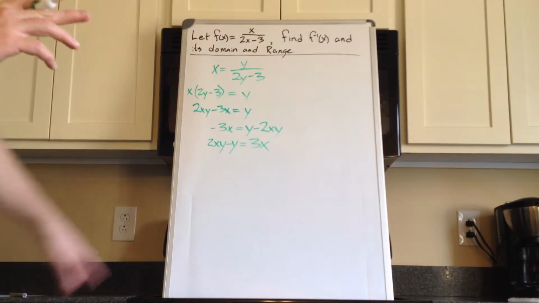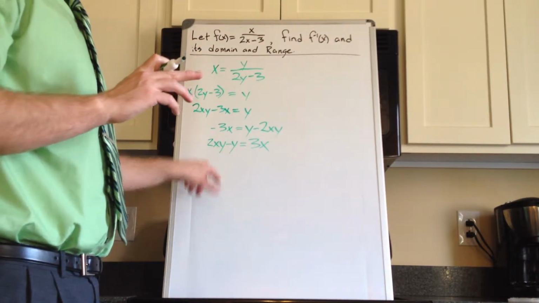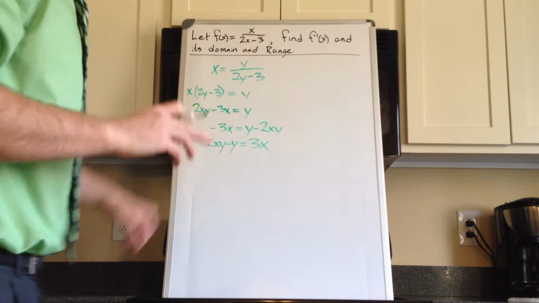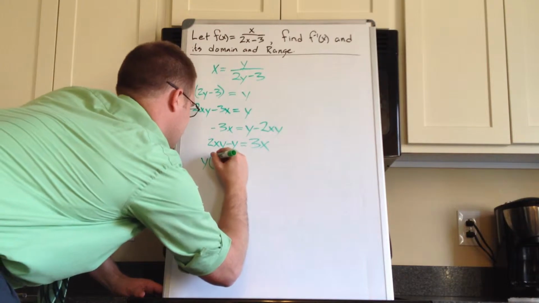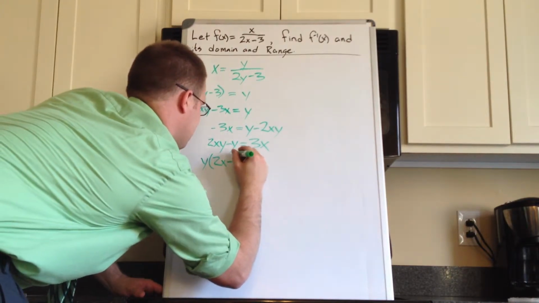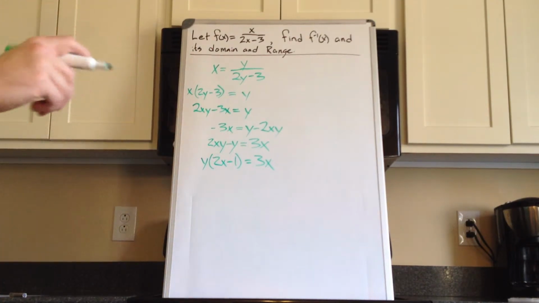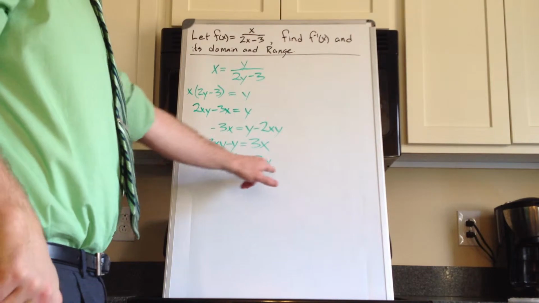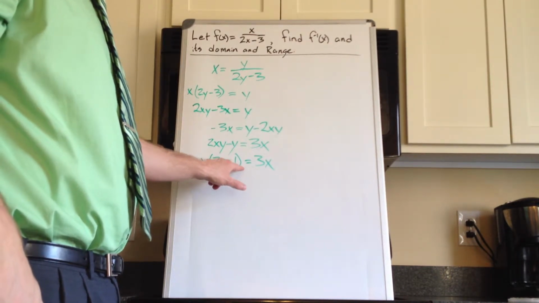The next thing I want to do is factor the y out of these two terms, because when I do that, I'm going to have y all by itself here, and that's my goal. So when I factor y out, I'm going to have y times 2x minus 1 equals 3x. Now I'm very close. The last thing I need to do is divide both sides of this equation by the quantity 2x minus 1, and it will cancel on this side.